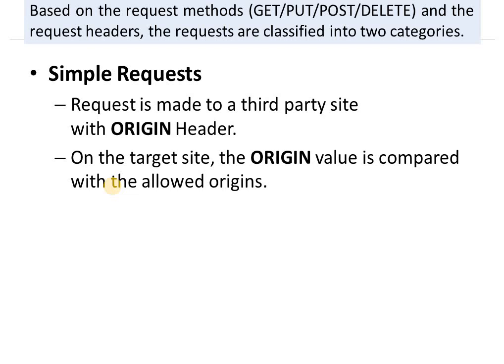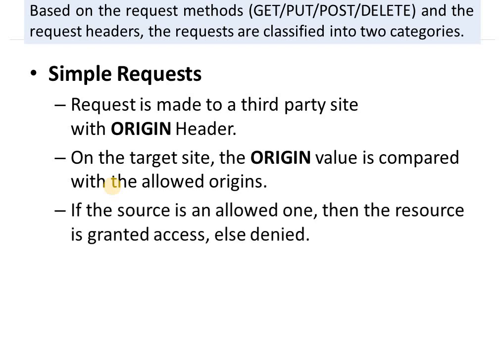For example, I am domain A and you are domain B. Whenever I request some resource from you, you will check whether there is an entry for me to access the resource. If it is there, then you will grant my request. If the origin is an allowed one, the resource is granted access, otherwise it is denied.